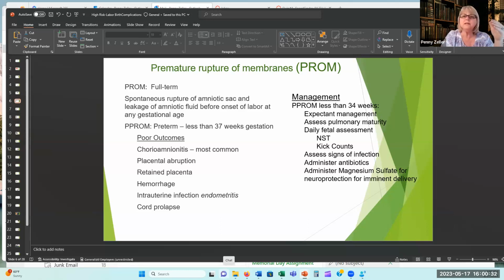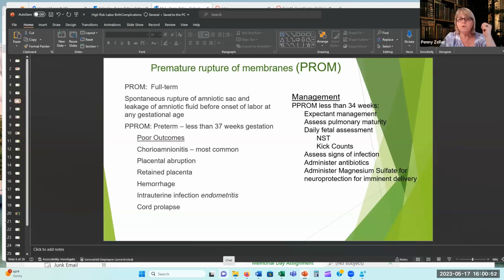Once that plug is released and she begins to leak fluid, then bacteria can actually migrate vertically into the amniotic fluid and to the fetus. So an outcome of premature rupture of membranes, if we don't know it's occurring, is infection.